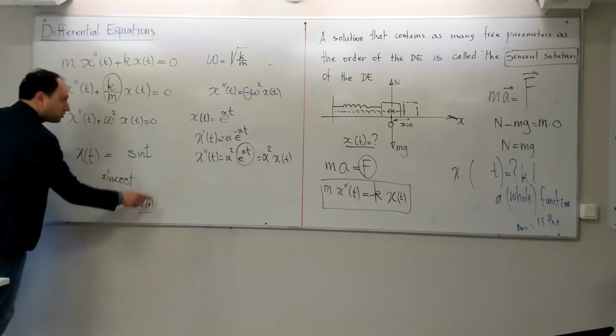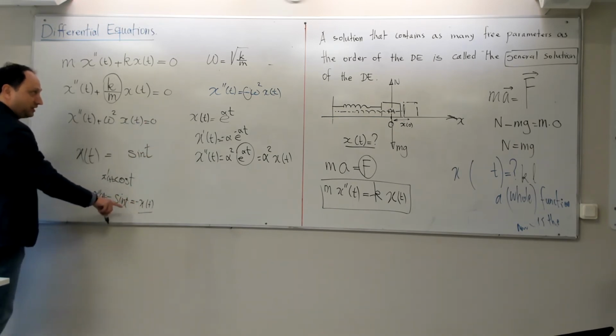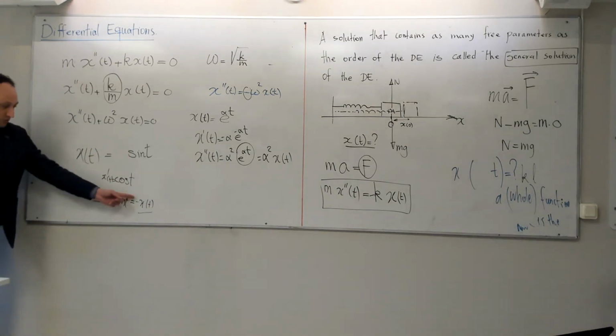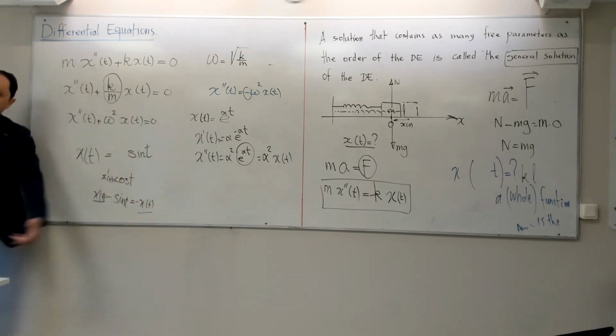It is close to my equation. You see, I need my minus sign, and it is here. But unfortunately, I do not have omega squared. Okay, can you now adjust to have the omega squared as well? So this function was close, but I do not have omega squared here. How can I adjust this function so that omega squared also appears?